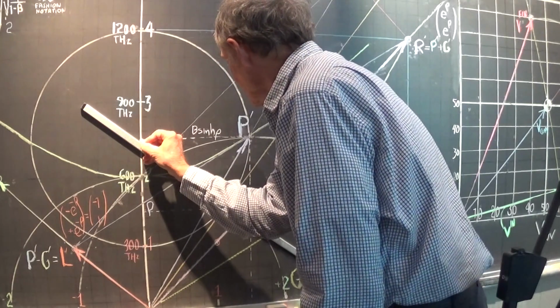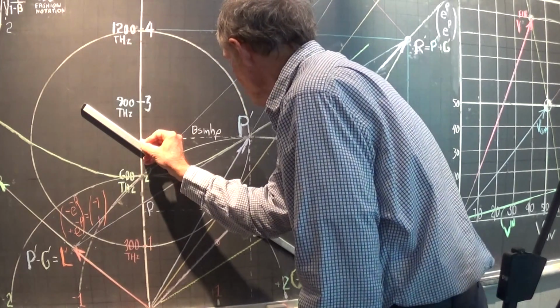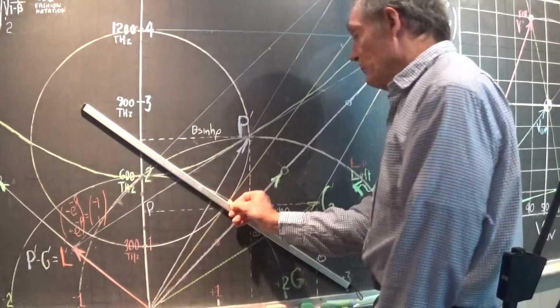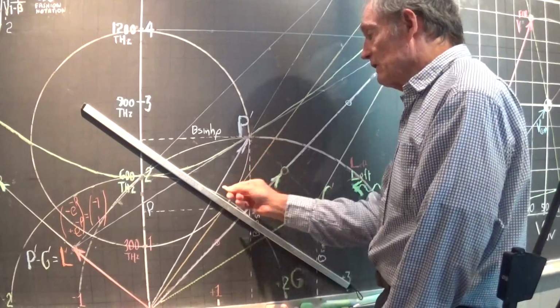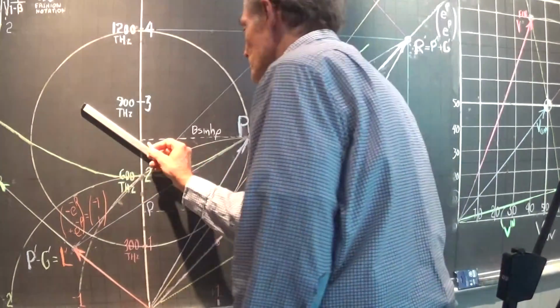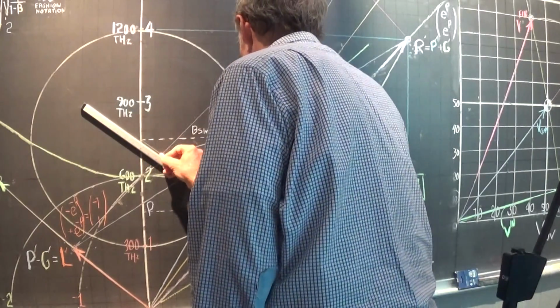The basic idea is that this is going to come through there, and it should be just tangent at this point, where this contacted the circle, this one contacts the base circle.